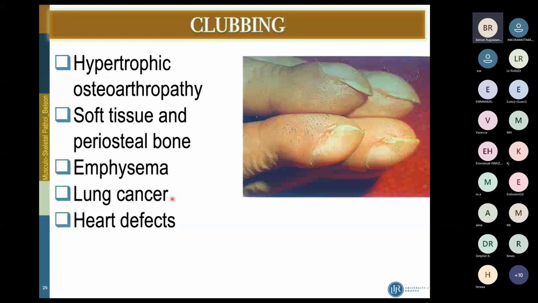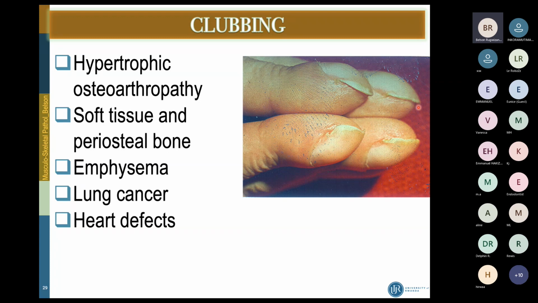So clubbing is not a disease, it is a sign of some other diseases. It is also called hypertrophic osteoarthropathy. Soft tissues and periosteal bones are the ones being hypertrophied. It is often seen in a person with a disease that prevents enough oxygen in the blood. Some people have heart problems, or chronic obstructive pulmonary diseases that we saw, and they tend to get clubbing.